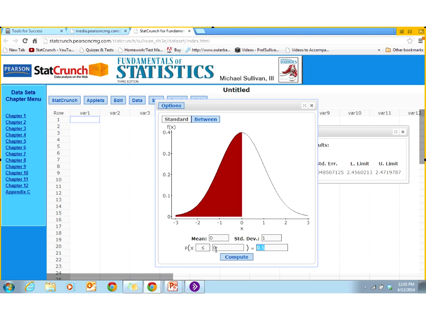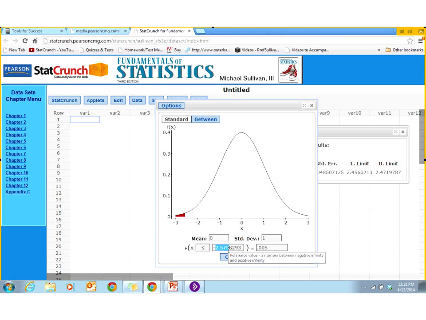So I'm going to put in here 0.005. So it's 2.575, which is the absolute value of this.